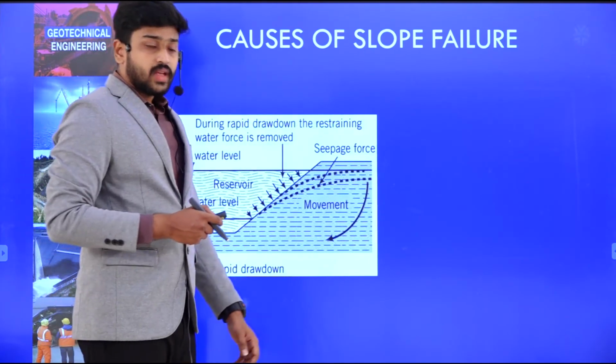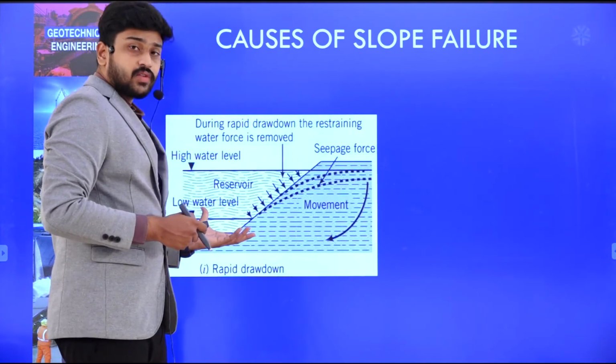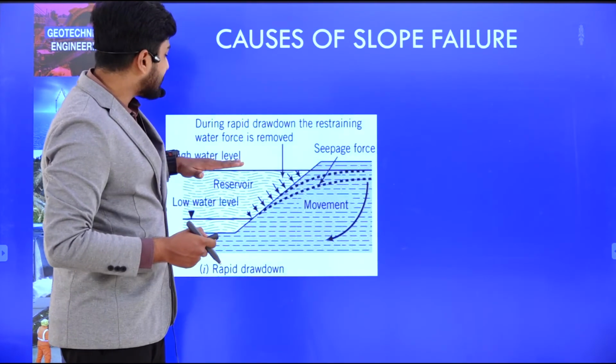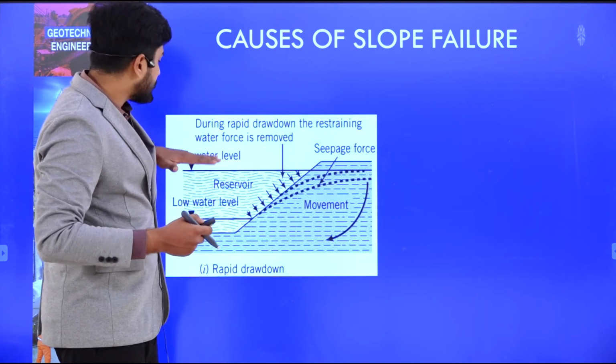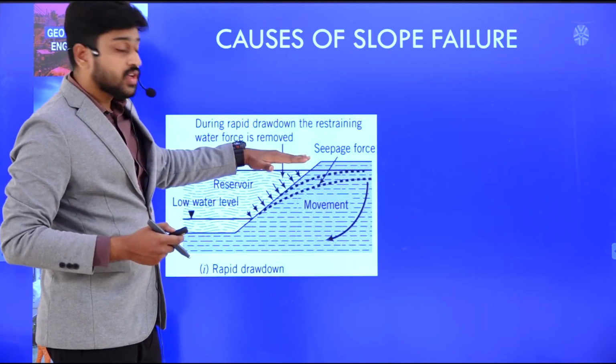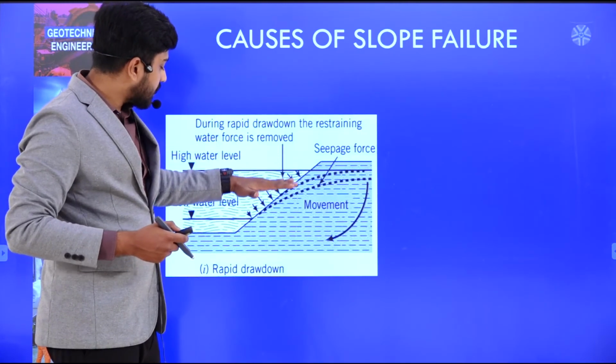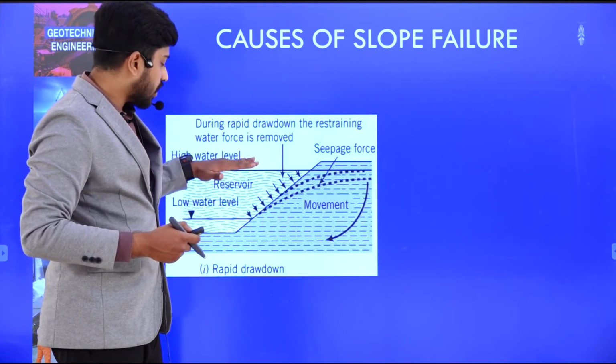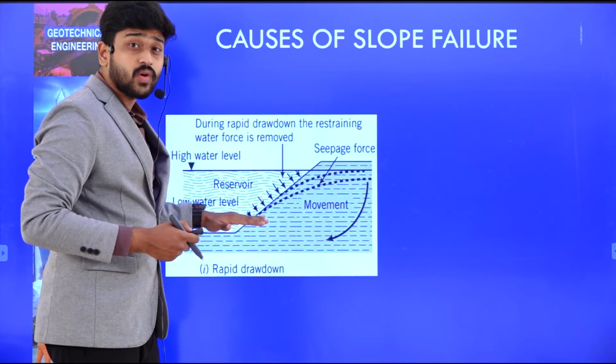rapid drawdown. As I stated, imagine this is a reservoir and there is a sloped surface along this region. Initially at a particular time there is a water level up to this level. Because of this sudden drawdown, within a short period of time, this water level has now decreased to this lower water level.